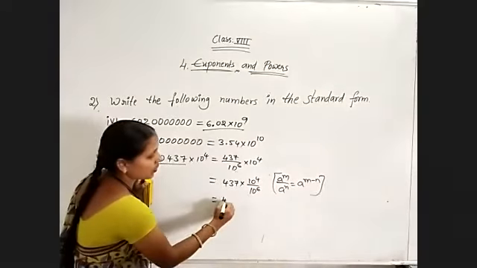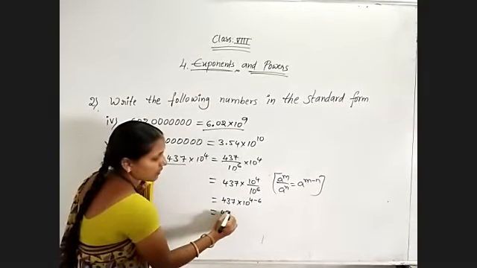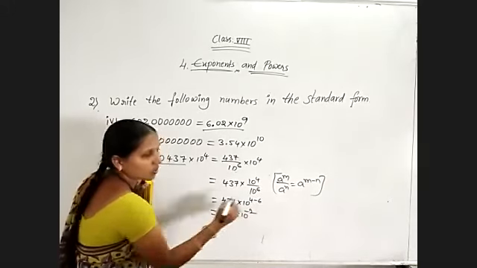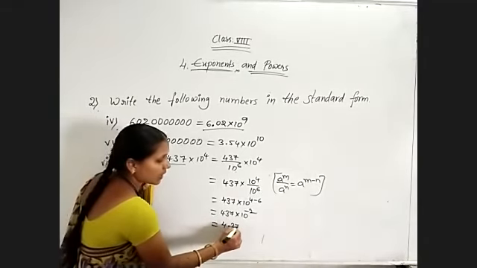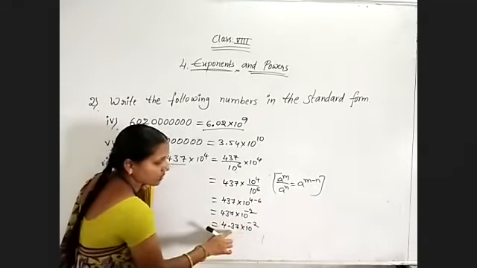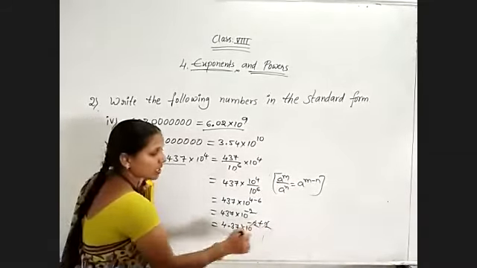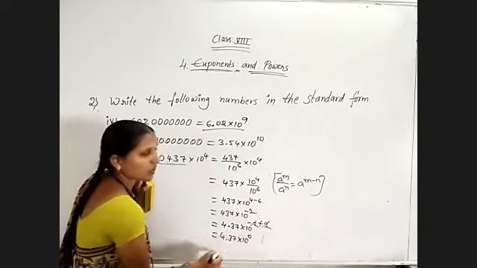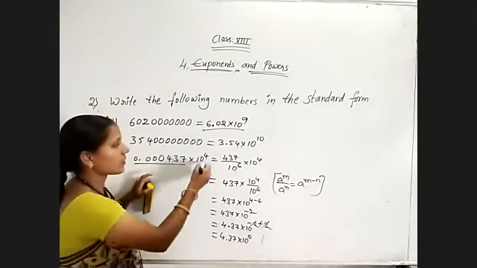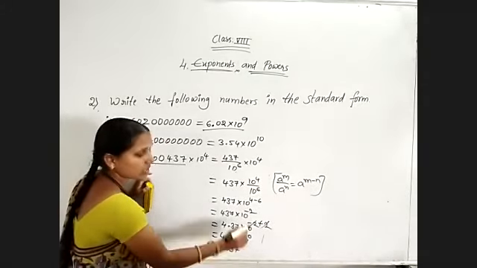So it is equal to 437 into 10 power 4 minus 6, that is 437 into 10 to the power of minus 2. Because it is not in standard notation, I am writing 4.37 into 10 power minus 2. 2 decimal digits I am taking, so plus 2 I have to take in the exponent of 10. Minus 2 plus 2 will get cancelled. That is 4.37 into 10 power 0. Any number to the power 0 is equal to 1, which means this value is equal to 4.37. That's it.